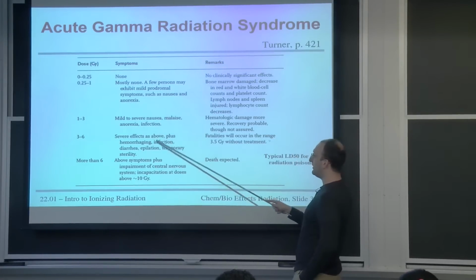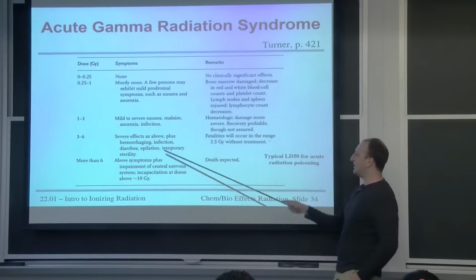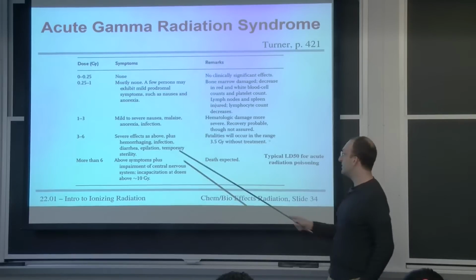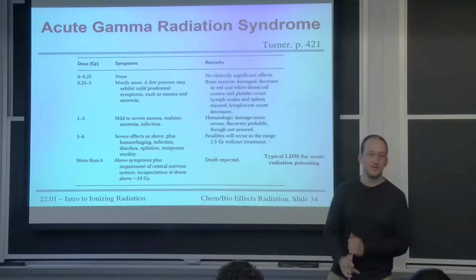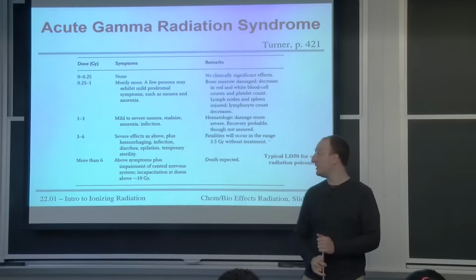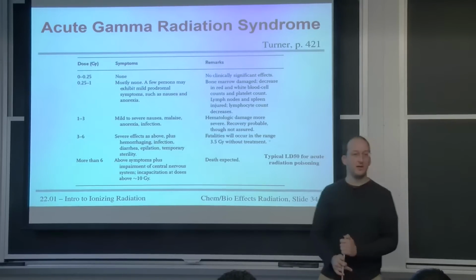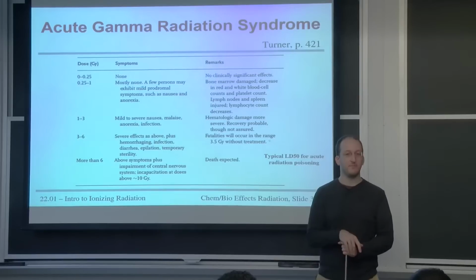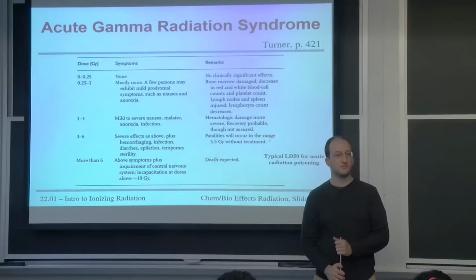Everything as above plus diarrhea, depilation, hair loss, temporary sterility. I think the temporary sterility one's obvious. Why do you think diarrhea and hair loss would occur? Doesn't it affect the cells of your intestines, and then you can't hold it in anymore because of the damage?